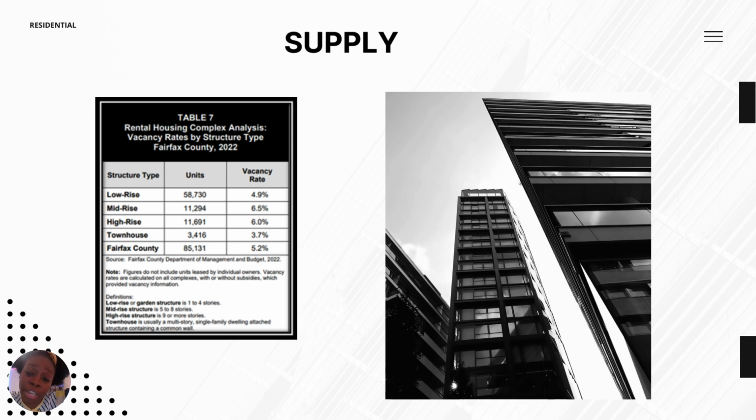The absorption rate indicates the percentage of apartments occupied within 3 months of completion, at 65% in 3 months. So that's definitely some amazing absorption within just 3 months of completion. So you have a booming market here, from the research provided by the brokerage firm.